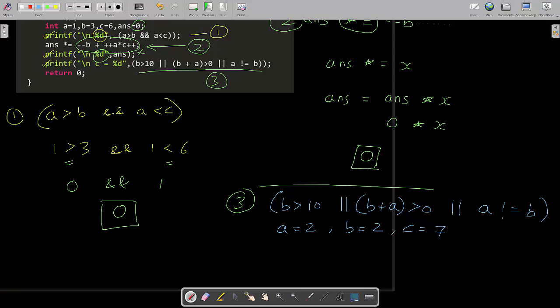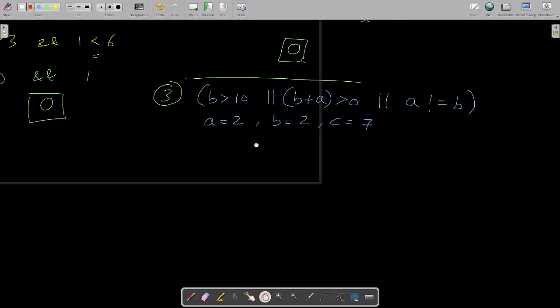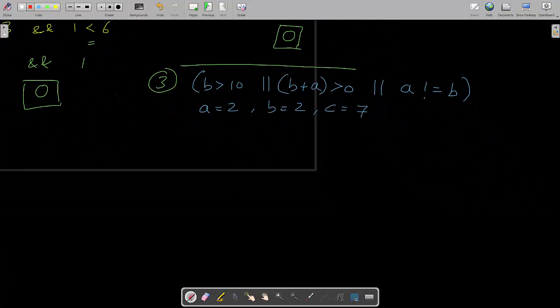So now we can start substituting the values over here. If I substitute the values, b is 2 greater than 10 or b plus a, that is 2 plus 2 greater than 0 or a is 2 not equal to 2.